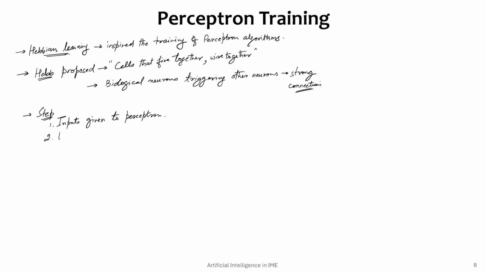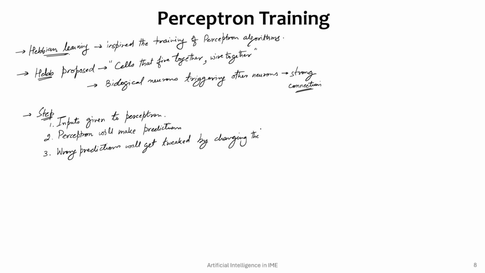Second, the perceptron will make predictions, and wrong predictions will get tweaked by changing the connection weights.